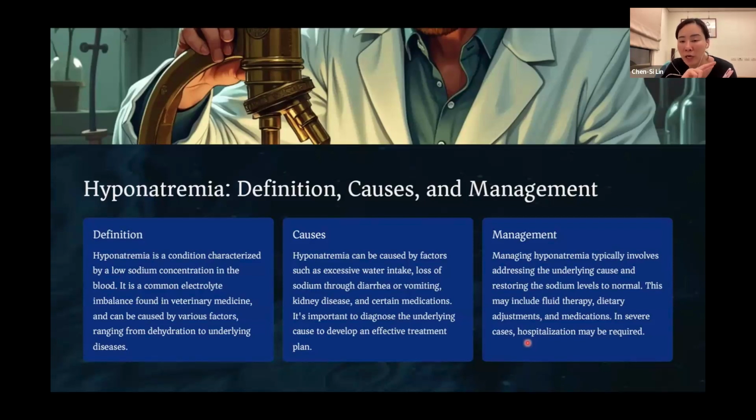Basically, these are three major reasons that result in imbalance of the electrolytes. So we need to address the problem, and then do some follow-up treatment, such as fluid therapy, dietary adjustments, and medications to reverse this situation.